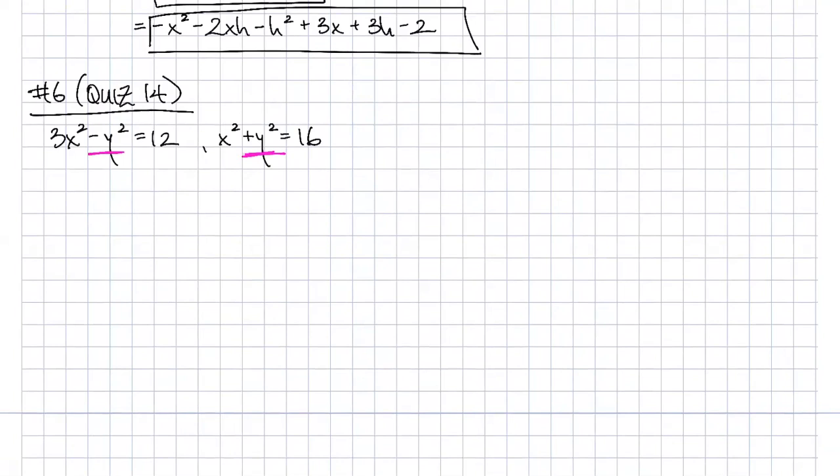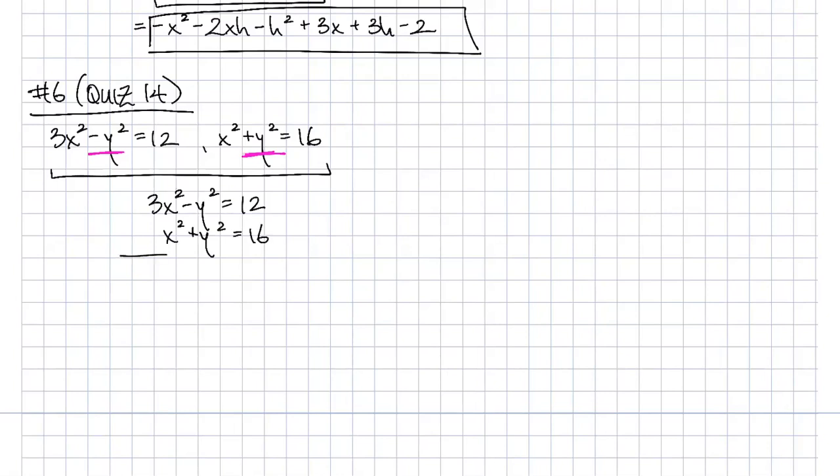So if I'm going to add my two equations together, we'll stack them one on top of the other like we normally see them, and then we'll just add them. Right?